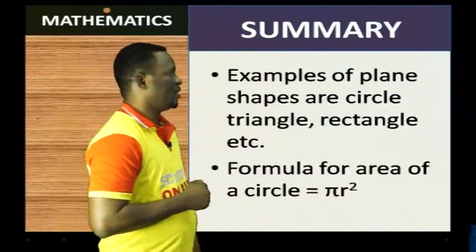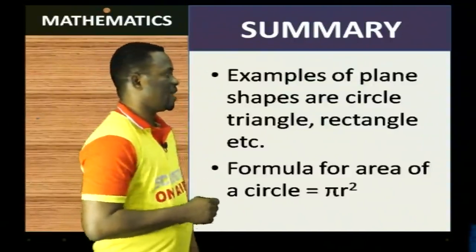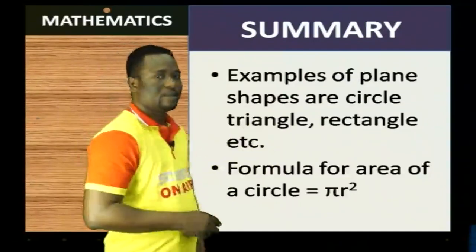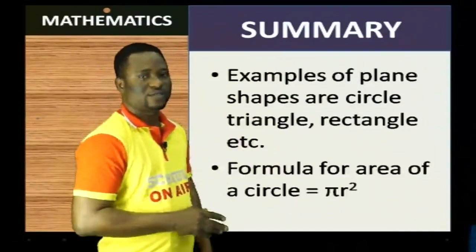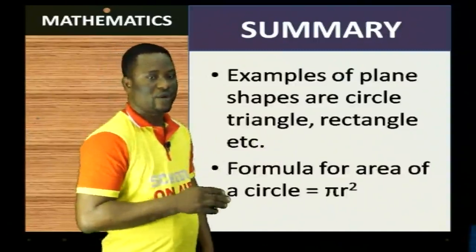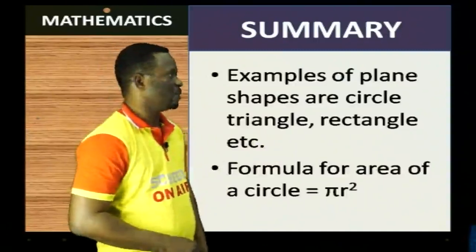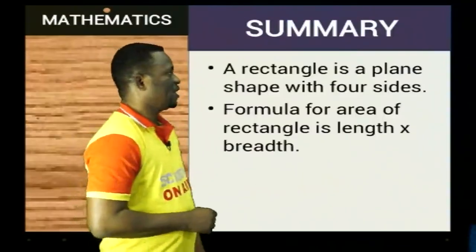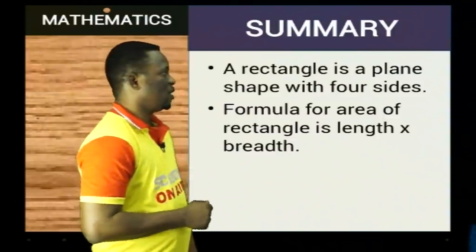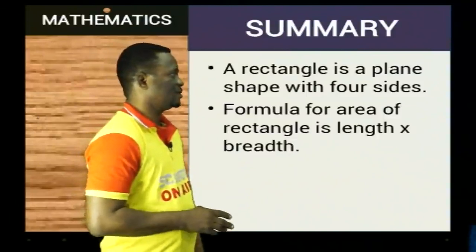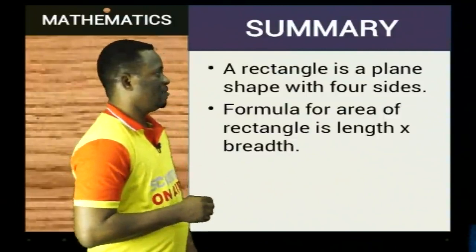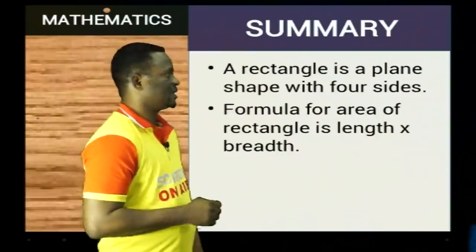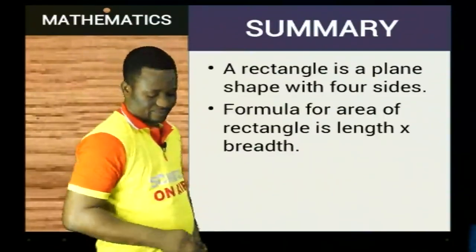Then, formula for area of a circle is given as pi r squared. Pi is a constant, 22/7, and r is for the radius of the given circle. A rectangle is a plane shape with 4 sides. The formula for the area of a rectangle is length times breadth.